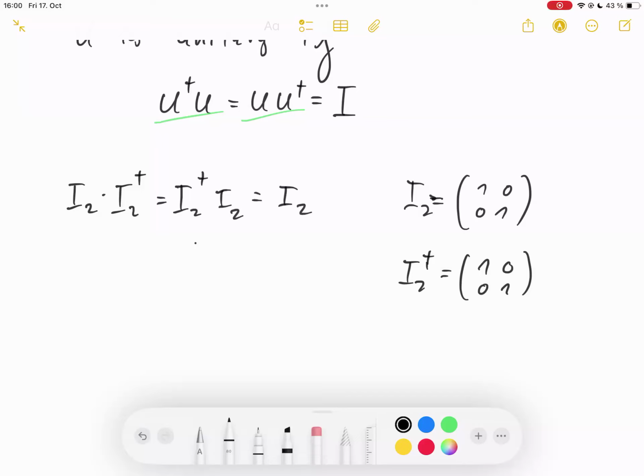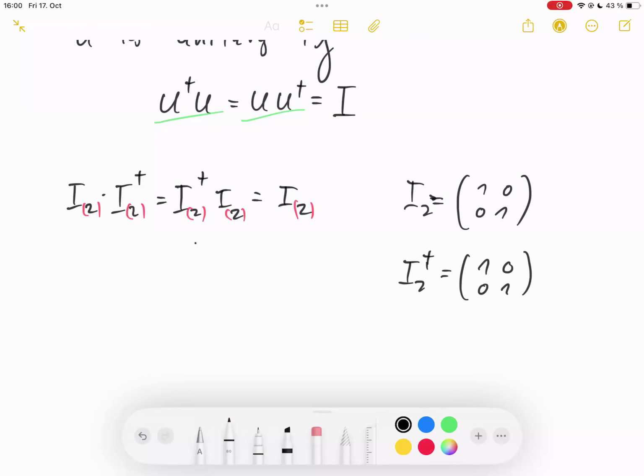And this is just the identity. Here I've just put this for 2 times 2, but we could also just delete that because it applies in general, whether it's 2, 3, or 4 rows or columns or whatever. So this is the simplest unitary matrix we can think about. It's just the identity matrix itself.